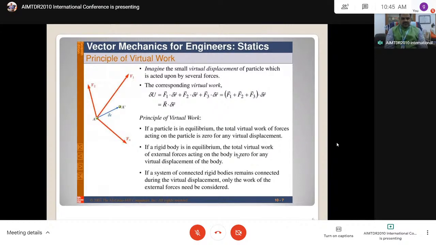When several forces are there, it is better to find the resultant force and multiply it by the virtual displacement.